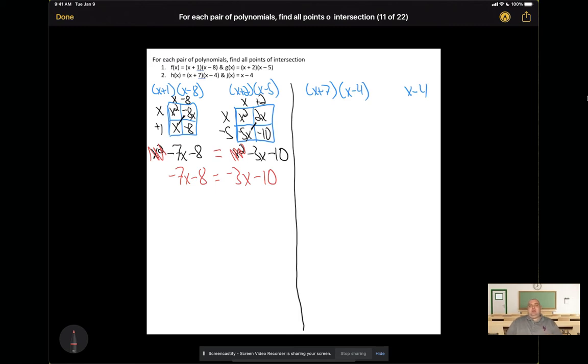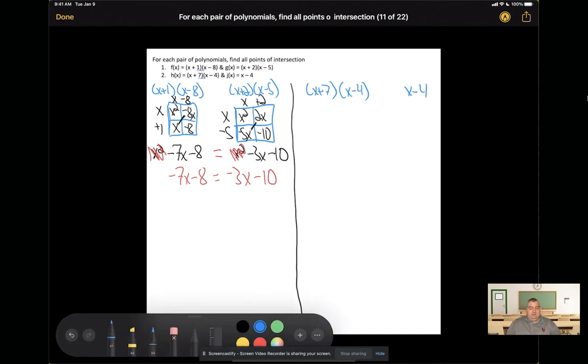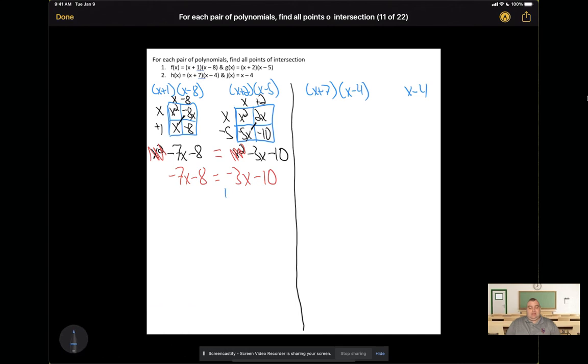This is a lot more doable because now I can take all of the x's and move them over to the left-hand side and then move all the constants to the right-hand side. So in order to do that, I need to move the negative 3x over to the left-hand side. So I'm going to add 3x to both sides. That's the first thing I'm going to do.